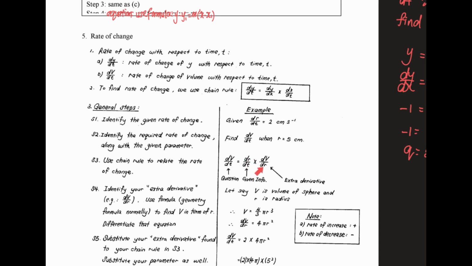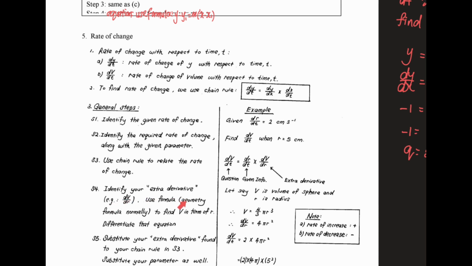We need to balance the chain rule. As you can see, we have dV on the left, so we put dV on the right. We have dr on top, so we put dr at the bottom. So we balance the equation by having dV/dr as our extra derivative. Now step 4, identify your extra derivative, that is dV/dr for our case here.